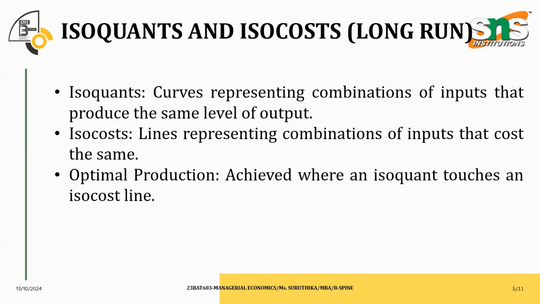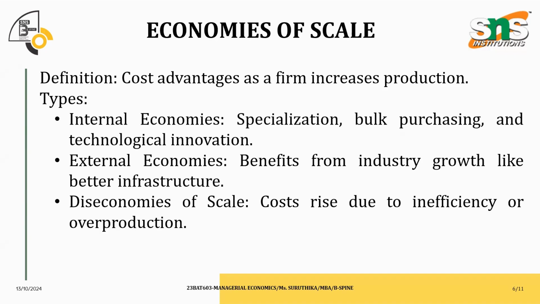The isoquant represents combinations of inputs. On the other hand, isocosts are lines that represent combinations of inputs that are of the same cost. So any input that incurs the same cost falls under the isocost line. So optimal production is achieved when an isoquant touches the isocost line. Only when the isoquant and isocost line intersect, that point is said to have optimal production.